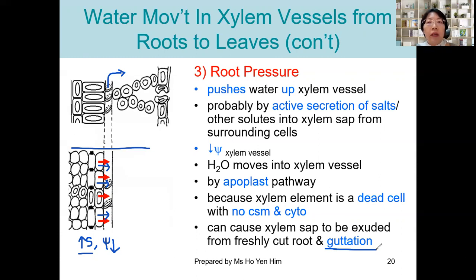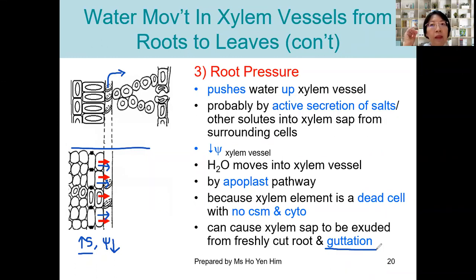Now, in the early morning, when you go out to your garden and you look at the grass, you will see that a lot of water droplets have formed on the grass. So this is the process where these water droplets actually come from the grass.